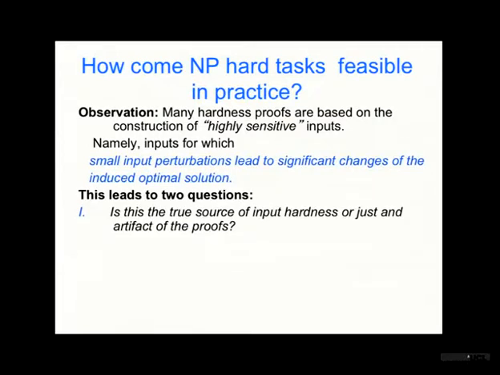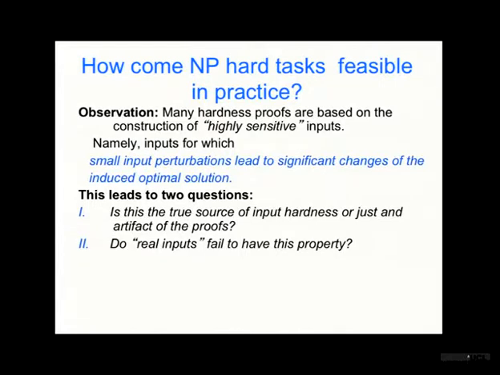Okay, so we want to formalize it. So this leads to this question: is the true source of hardness the perturbation sensitivity, or is it just an artifact of the way we know how to prove NP hardness?